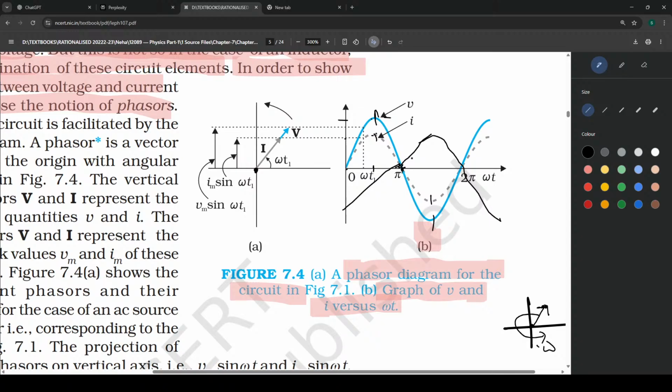In this case we can see clearly that they are not in phase.